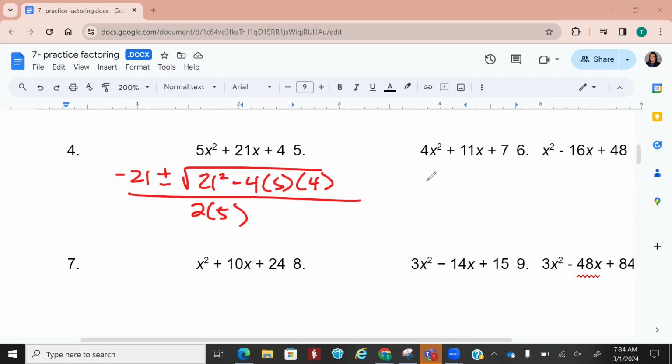If I type what's underneath the radical, I got 361. Is that what y'all got? Now, if I try to take the square root of 361, that's going to give me 19.